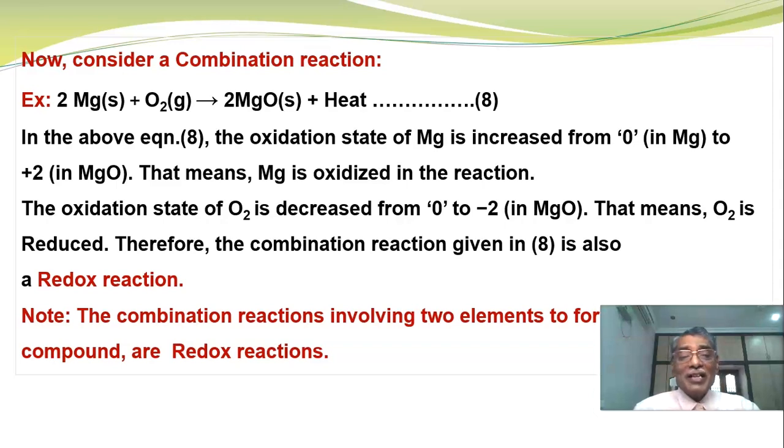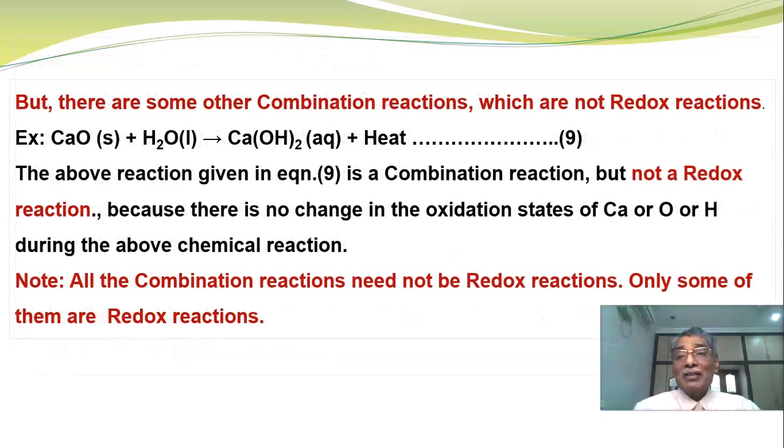The combination reactions involving two elements to form a new compound are redox reactions. But there are some other combination reactions which are not redox reactions. Let us consider the example CaO + H2O gives rise to Ca(OH)2 + heat.